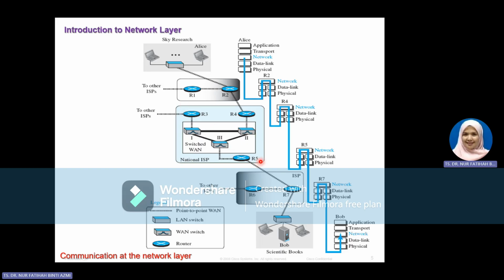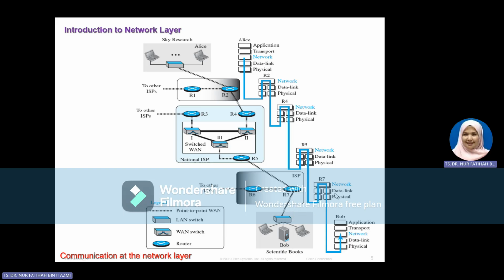Remember we have MAN and LAN. From here, the data will move to another ISP through router 6 and router 7, and finally reach Bob, our recipient at the bottom right.